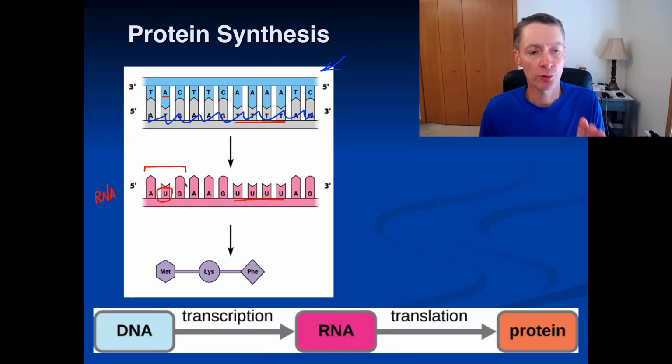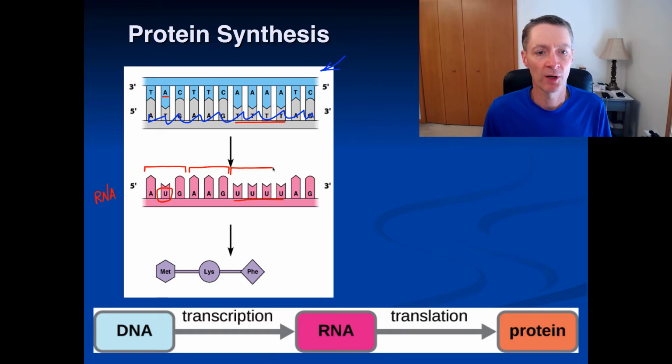So it takes 3 nucleotides in sequence to code for a particular amino acid, and so we see a few sets of 3 here, each one of them coding for a particular amino acid, okay?